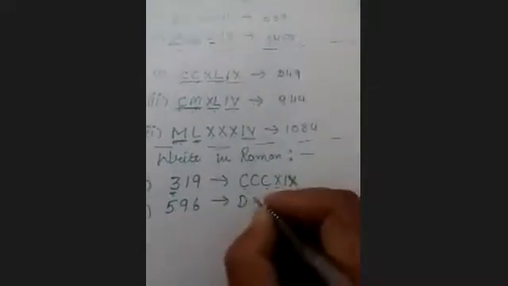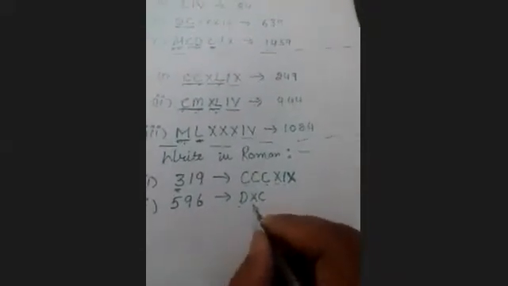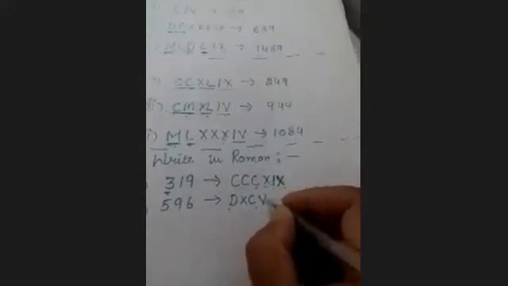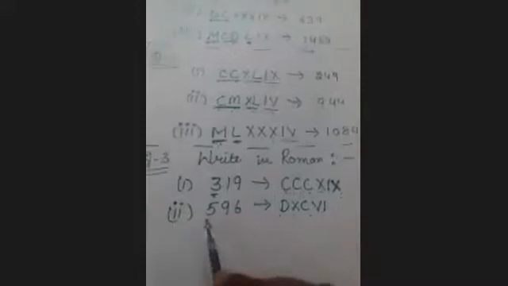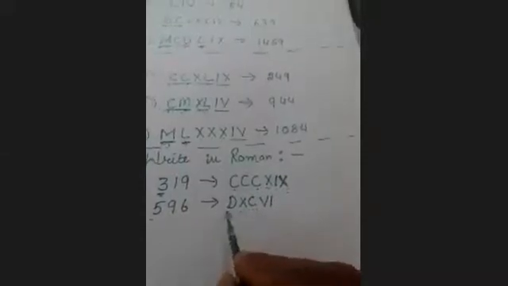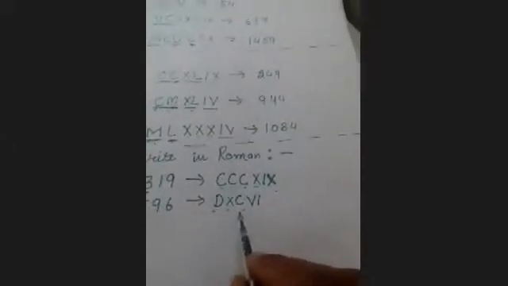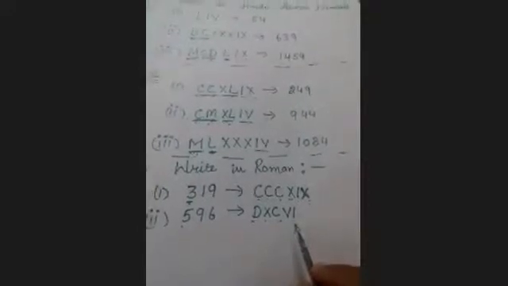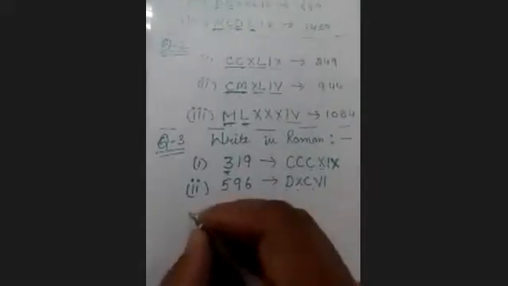For 90, XC. Then 6 is VI. So 596 is DXCVI. Clear, students?